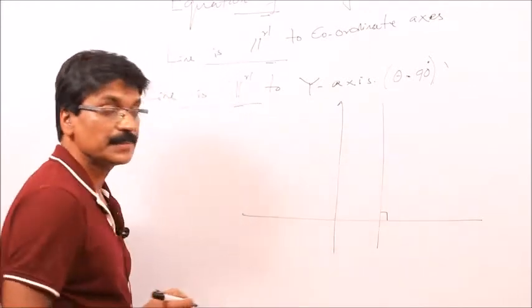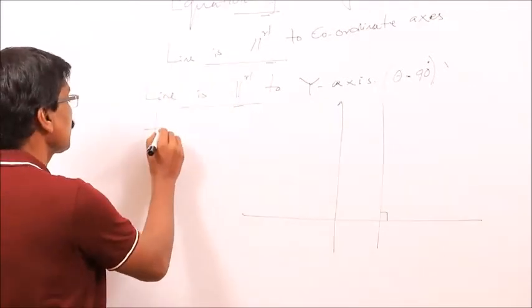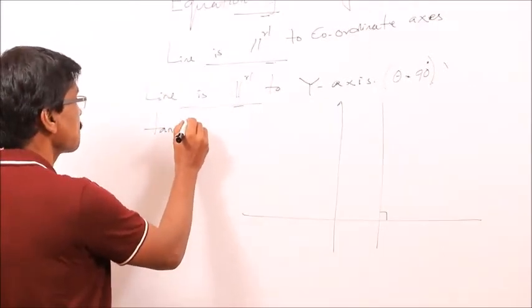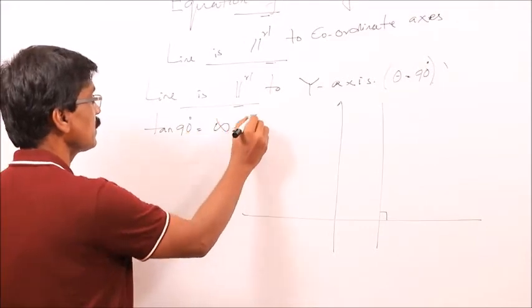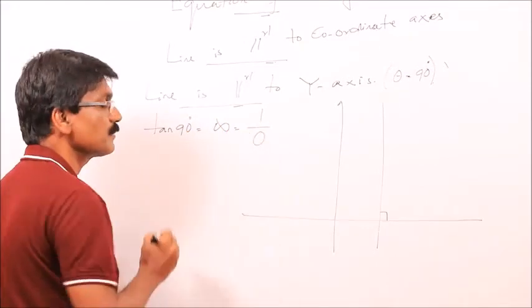So, tan 90 degrees is equal to infinity, that is anything divided by 0.